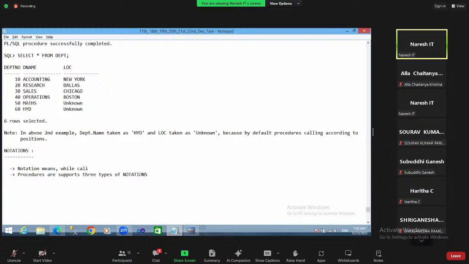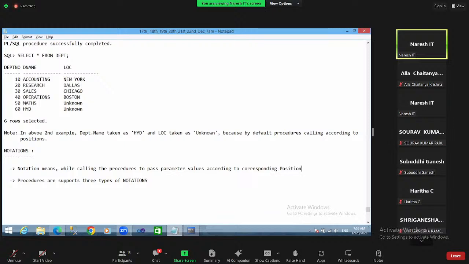Notation means while calling the procedures, passing parameter values according to corresponding positions, or by using formal argument names, or both.